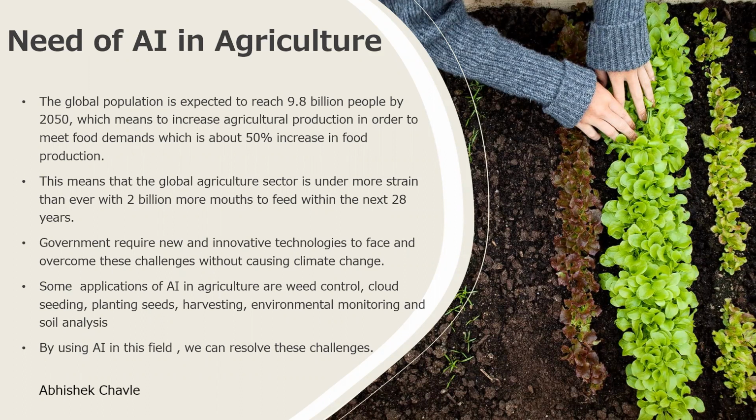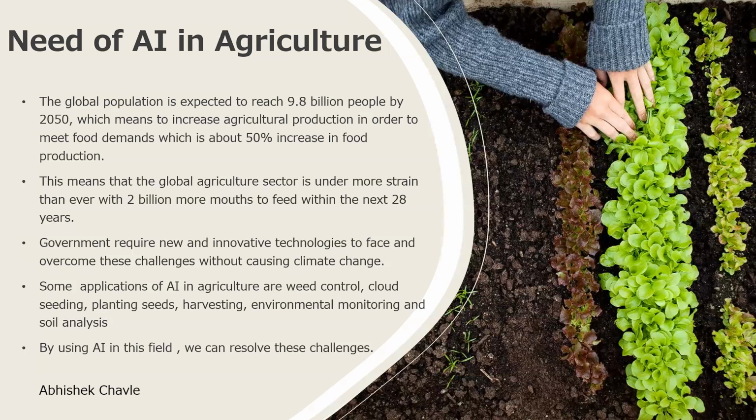If we want that kind of food, we need so many farmers. But because of civilization, people are not interested in farming. They are coming to cities and working in areas which are not agriculture. So we need some technologies to use in farming so that it will be helpful.